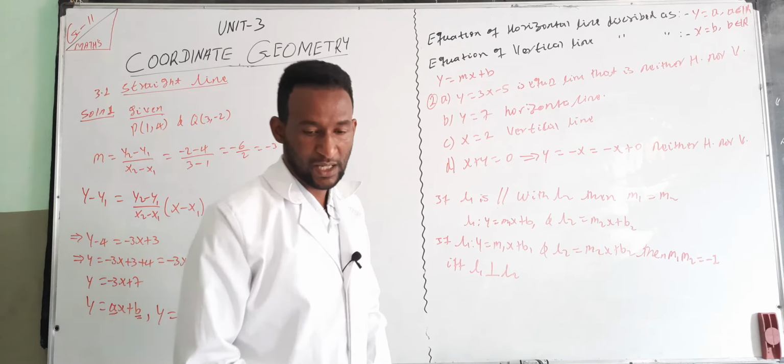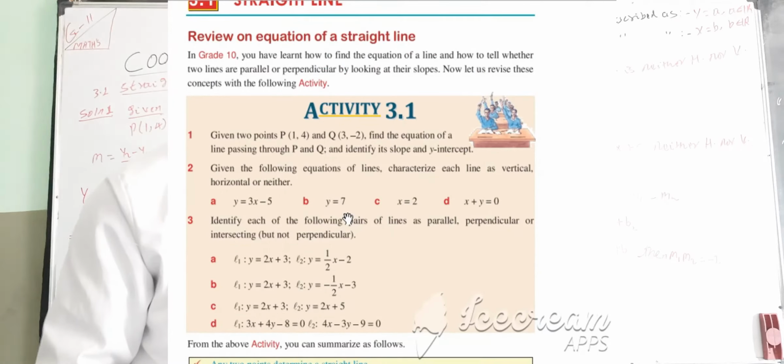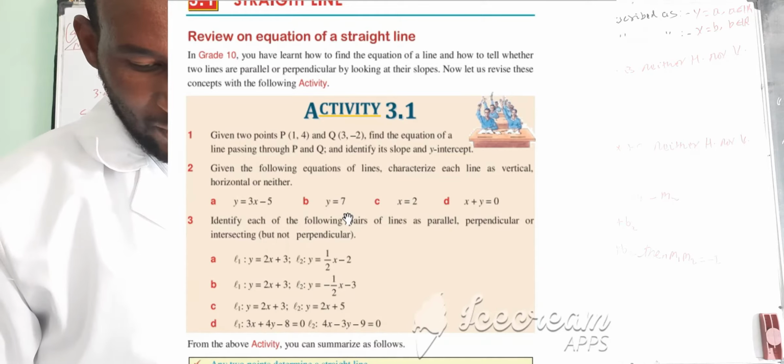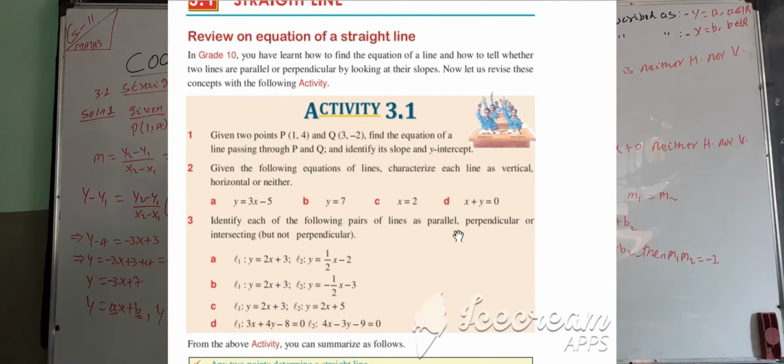Let us see question number 3. Identify each of the following pairs of lines as parallel, perpendicular, or intersecting but not perpendicular. L1 is described by the equation y is equal to 2x plus 3, and for L2, y is equal to 1 over 2 x minus 2.